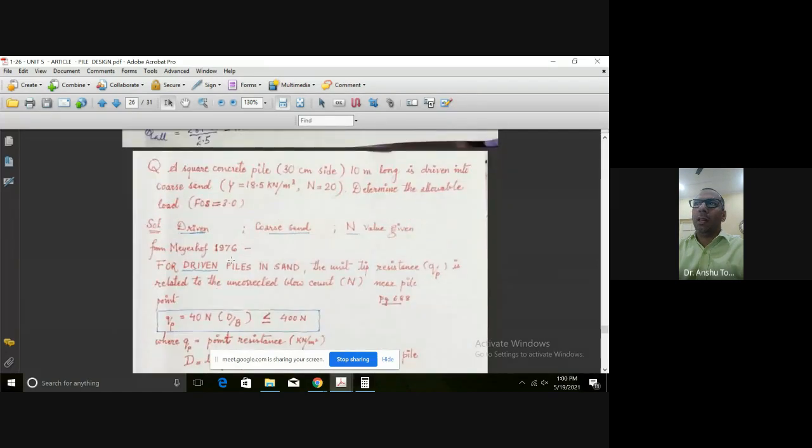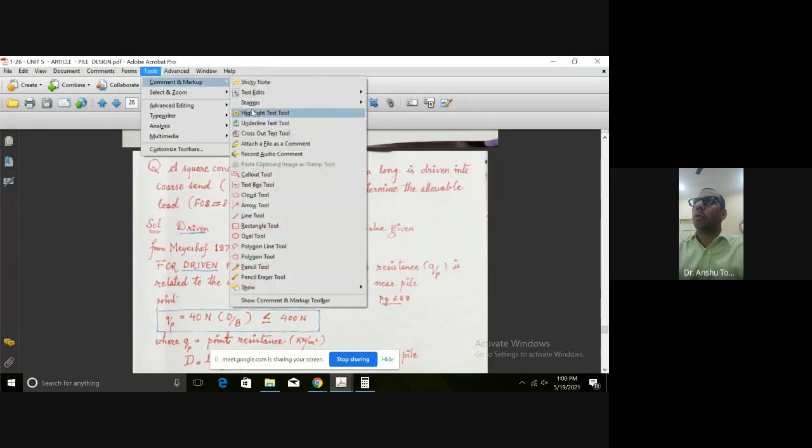Next question: a square concrete pile, 30 centimeter side, 10 meter long, is driven into coarse sand. Now I will highlight it with a line here also.